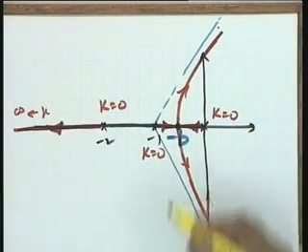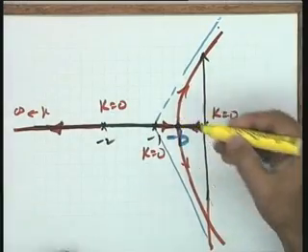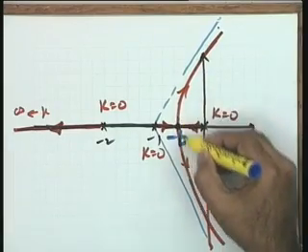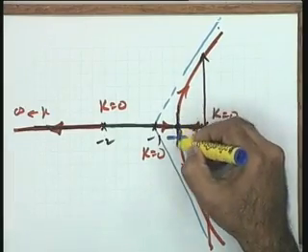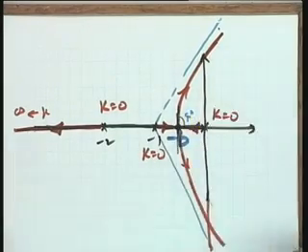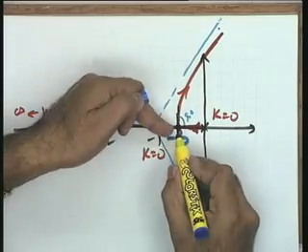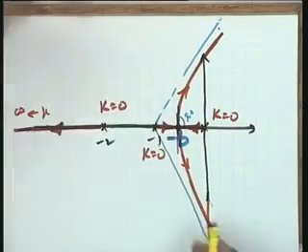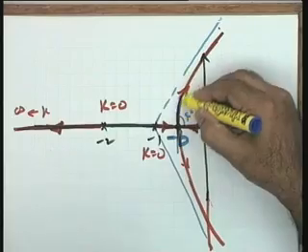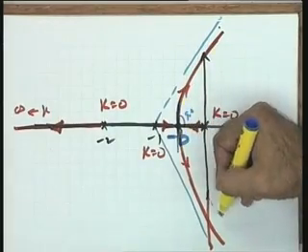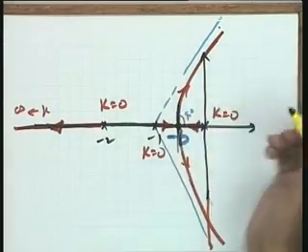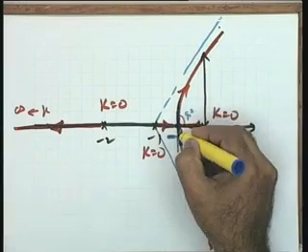You see that this can easily be intuitively felt, or otherwise you can check by taking points here and there, that these points are going to break away at an angle of 90 degrees. That is, when you take them away from this, you take them at an angle of 90 degrees and then take it this way. This you can check by angle criterion, taking a point close to this particular point.